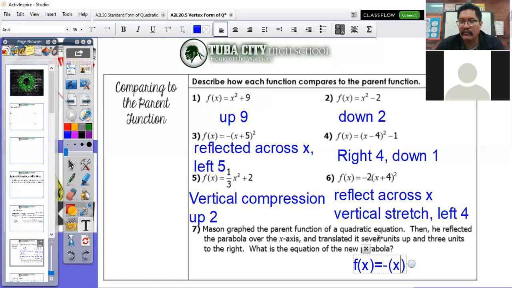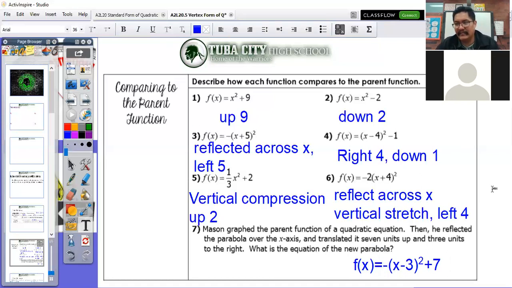So again, we usually think of right as being positive, but the side-to-side motion is opposite. And 3 units to the right, so that means that it's going to be negative. So -3. And we have to put the square on there, and 7 units up, so +7. And there we go. So that's how we would rewrite it.